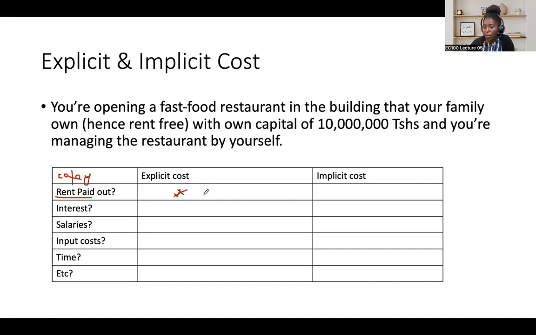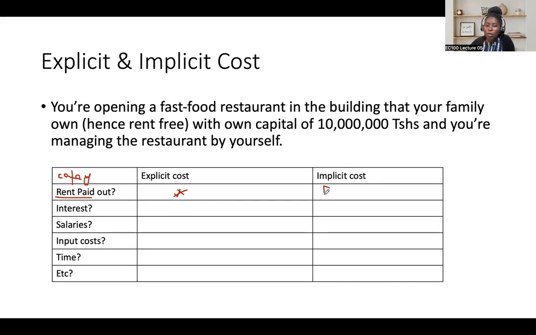However, remember, there is an implicit cost, because that space that you or your family owns, they could rent it out to another person for business. Somebody else could be renting. They could make it into a house, and people could be living and paying rent.